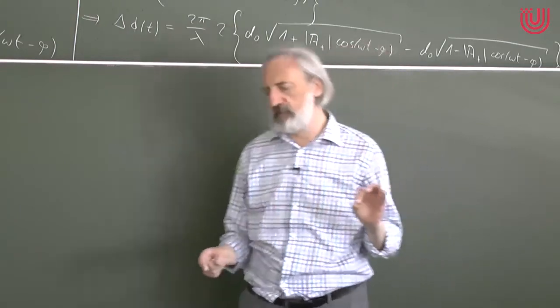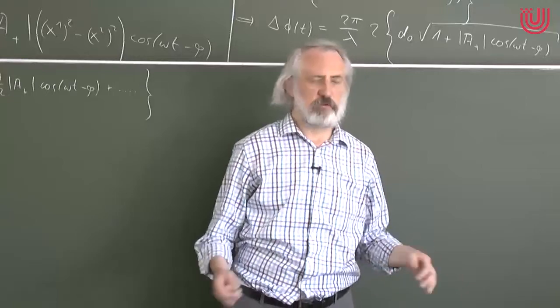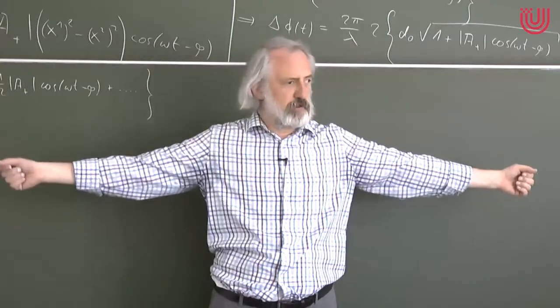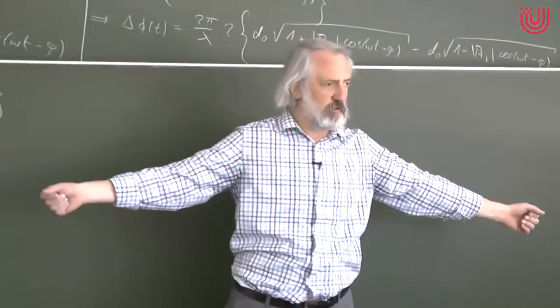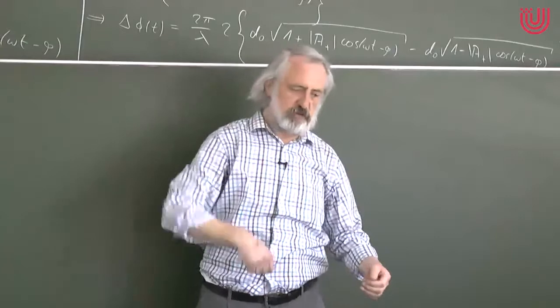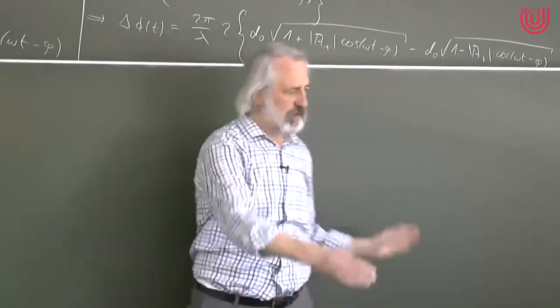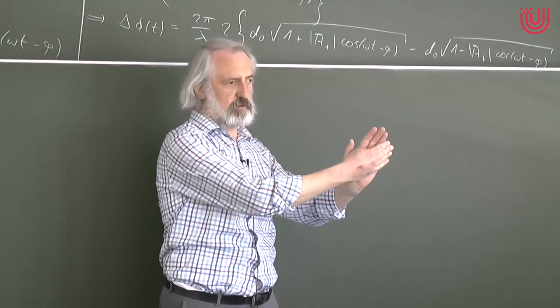And what is called squeezed light is light where you make one of these factors as small as possible. Of course, the price you have to pay is that the other factor will become big. What you do is you make the delta x as small as possible, and then the delta p spreads. So in phase space, where you have an x-axis and a p-axis, the distribution would be squeezed in the p direction. That's why it's called squeezed light.